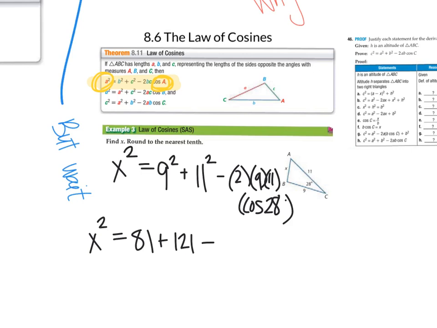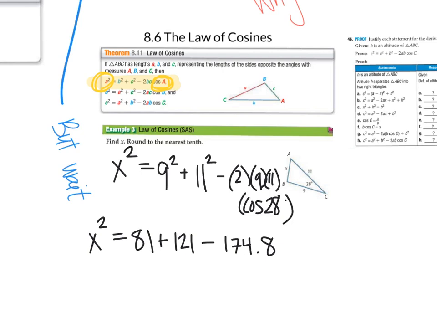I'm going to type in 2 times 9 times 11 times the cosine of 28. And when I type all of that in, I get 174.8. If you did not get 174.8, make sure that your calculator is in degrees. It can't be in radians or you'll get a different answer. So again, make sure your calculator is in degrees.